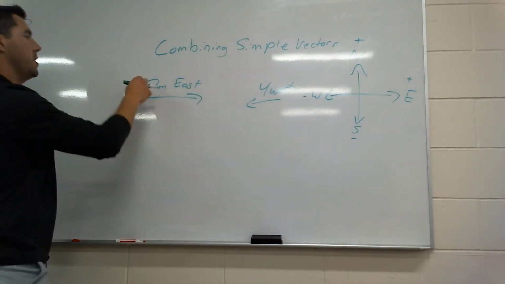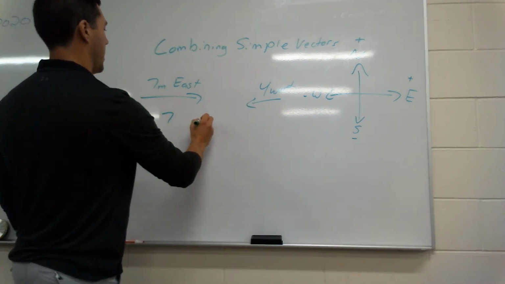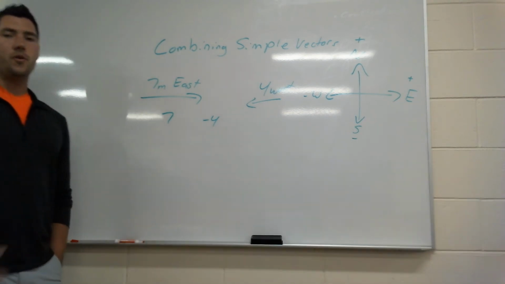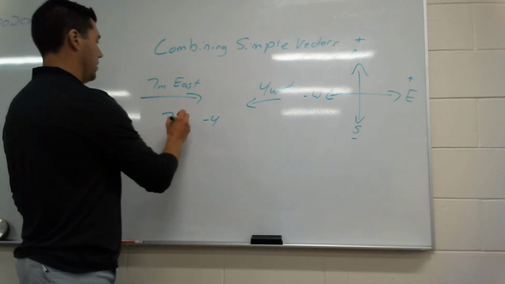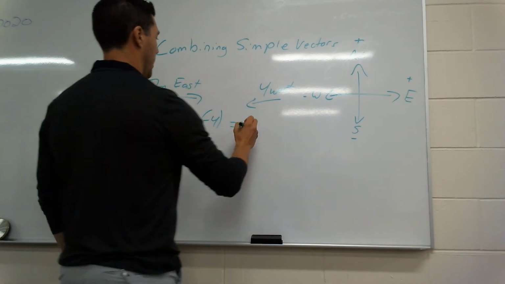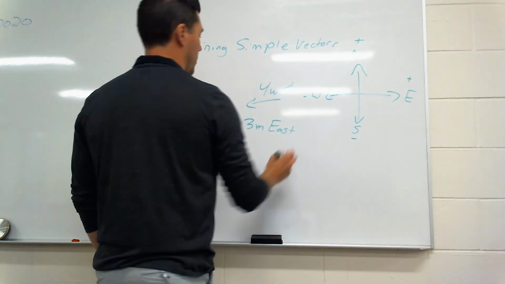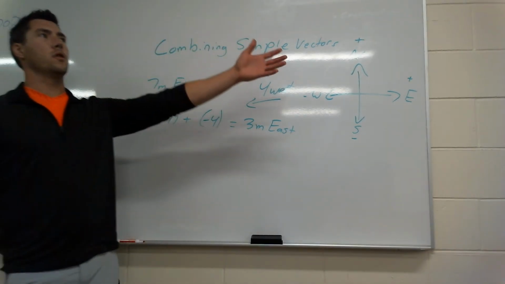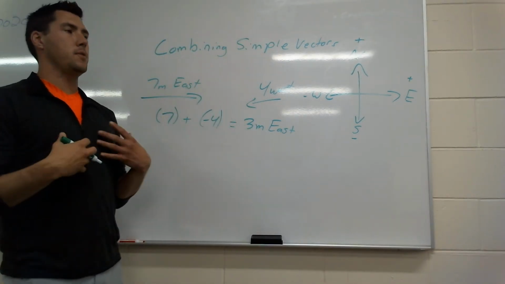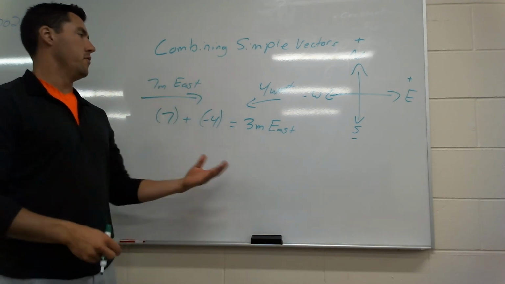So we think of this as a +7, and that being a -4. If we combine these, 7 plus -4, we get a +3, 3 meters east. Just think about it again: if I take 7 steps forward and 4 steps back, I ended up taking 3 overall steps forward. That's the net combination of this.